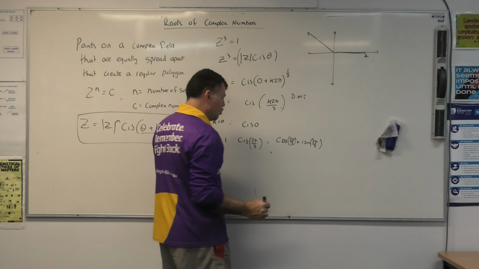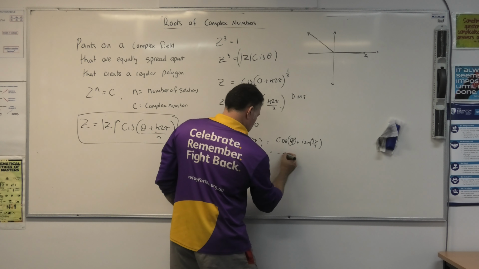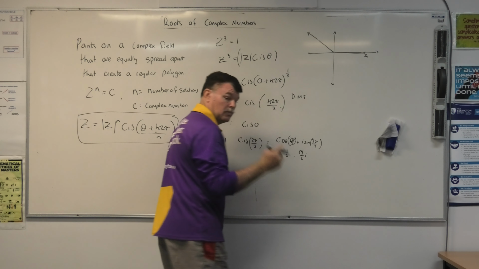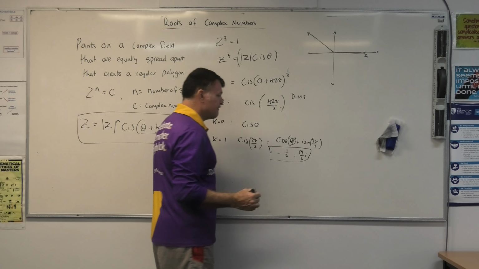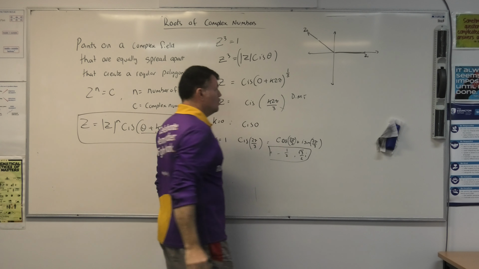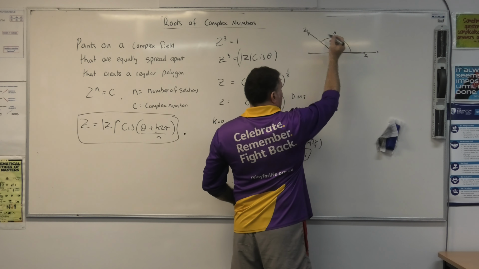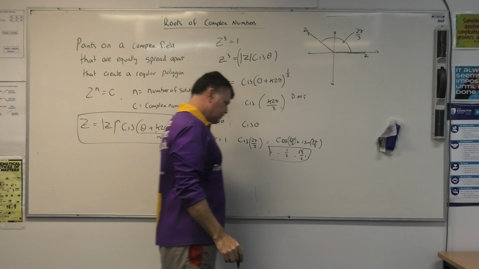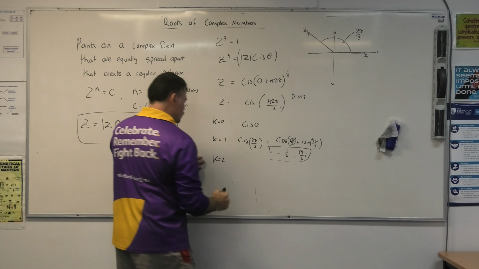Looking at the coordinates, x on this side is negative, so it's negative 1 on 2 and root 3 on 2 i. So they're my coordinates, and I'll call this Z2. Notice that the distance between here and here is 2 pi on 3.